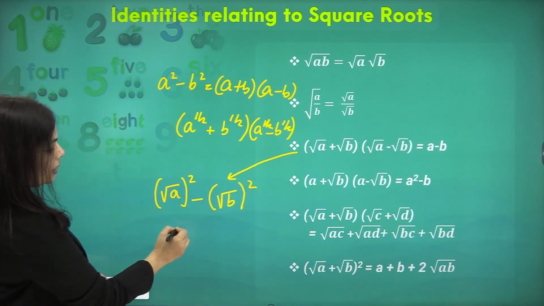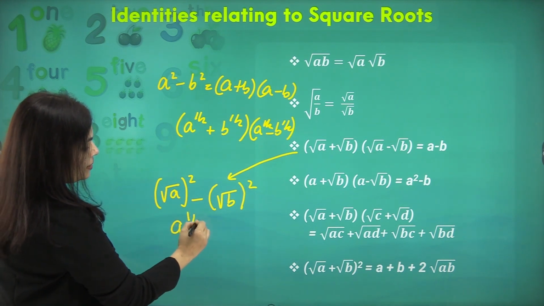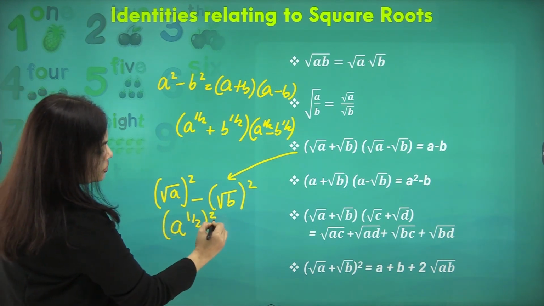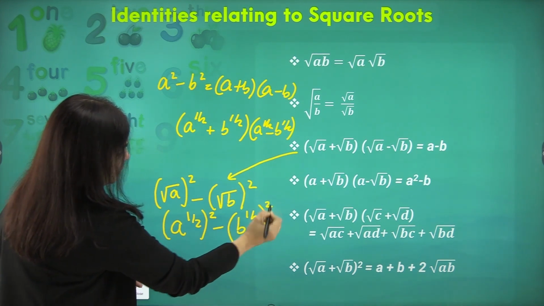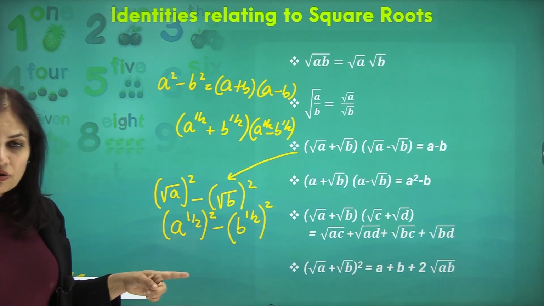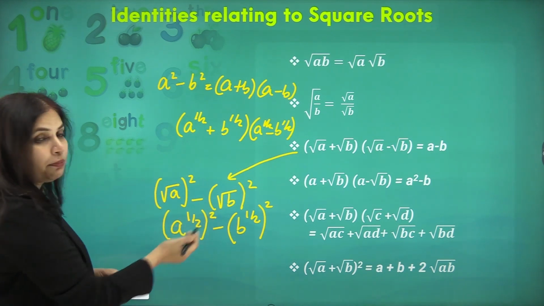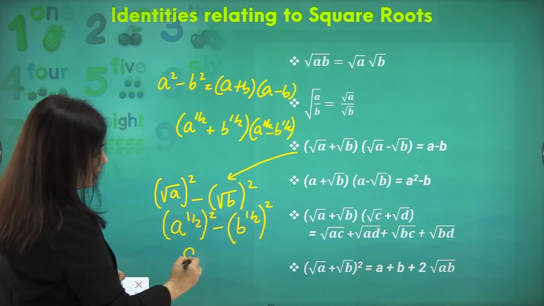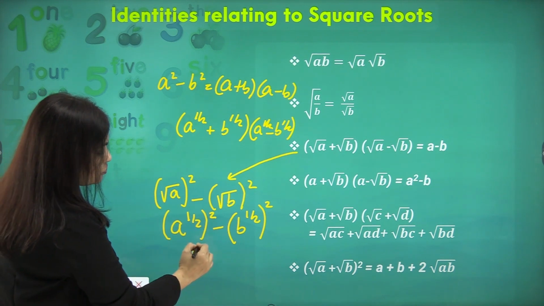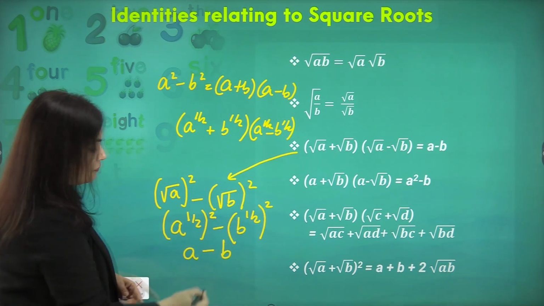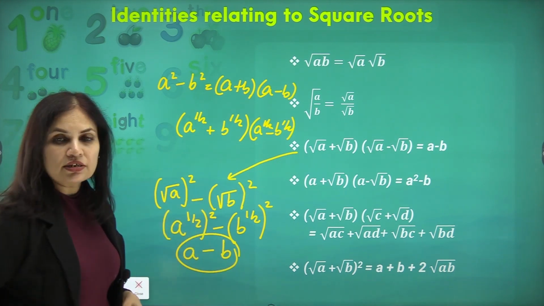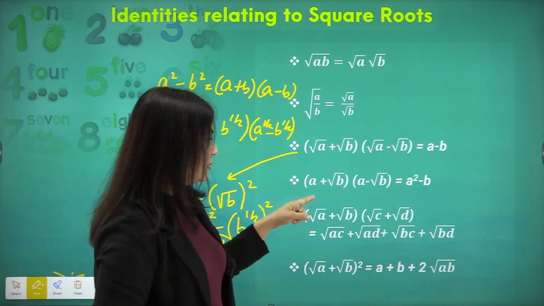As I told you, this is a raised to the power half whole square minus b raised to the power half whole square. Using the laws of exponent, if I have one power over the other, the powers are multiplied. So half into 2 will give you 1, and here also half into 2 will give you 1, and we finally result in a minus b.